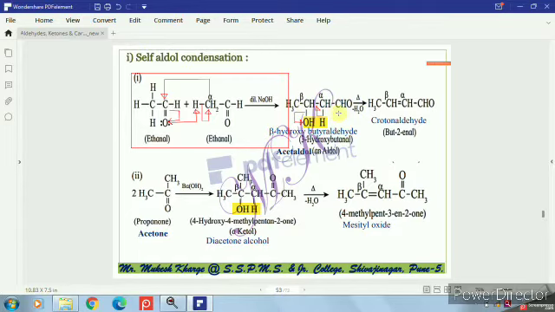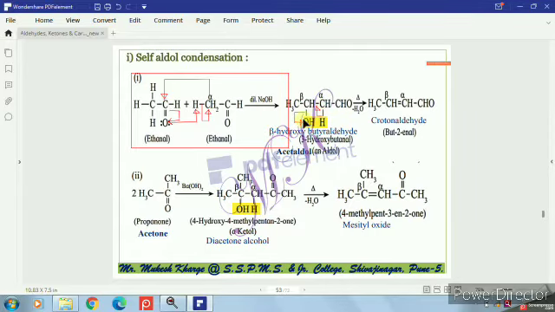So butanal, and the third carbon contains OH. So 3-hydroxybutanal is the name, and it contains CHO, meaning aldehydic, and OH means alcoholic functional group, so it is aldol. Specifically, your compound is acetaldehyde, so acetaldol.